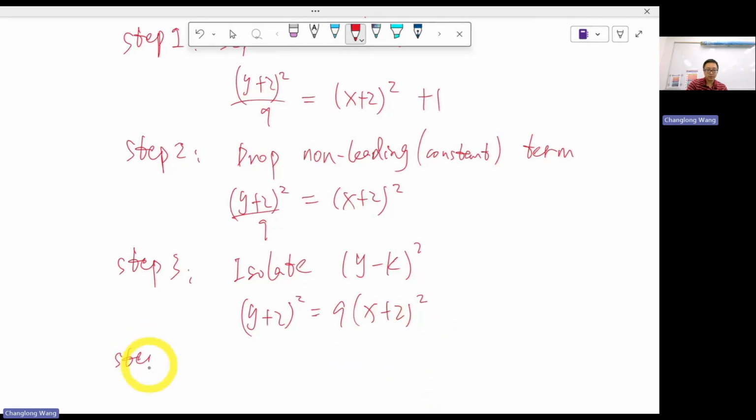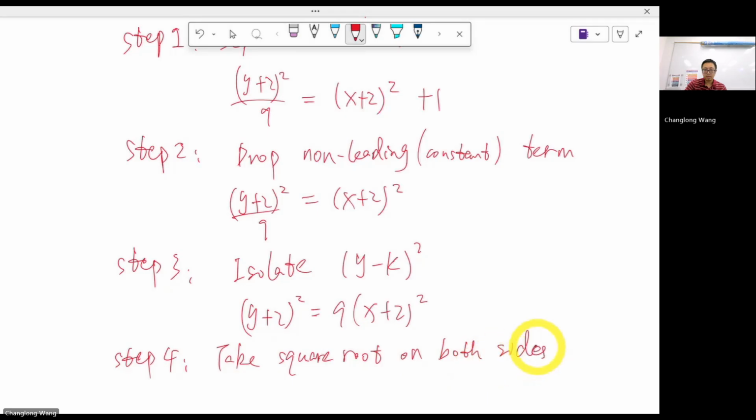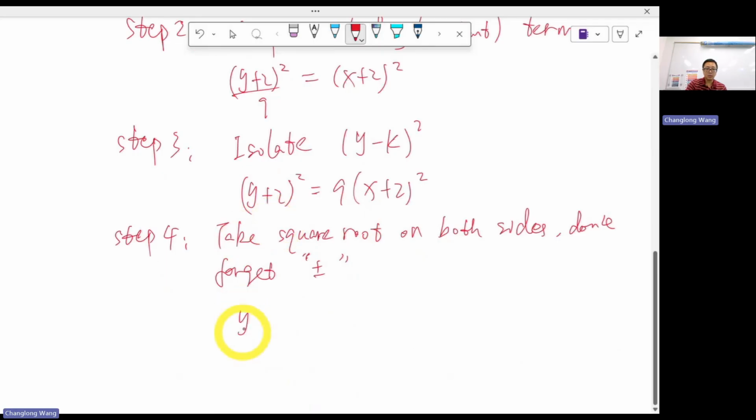The last step, take square root on both sides. And don't forget the plus or minus. All right, so that turns that equation into y plus 2 equals plus or minus 3 times (x plus 2), right?